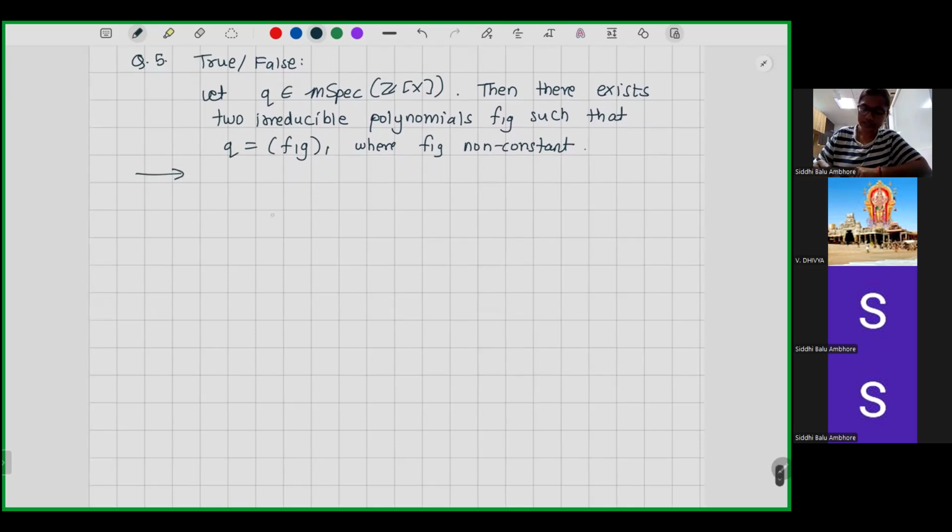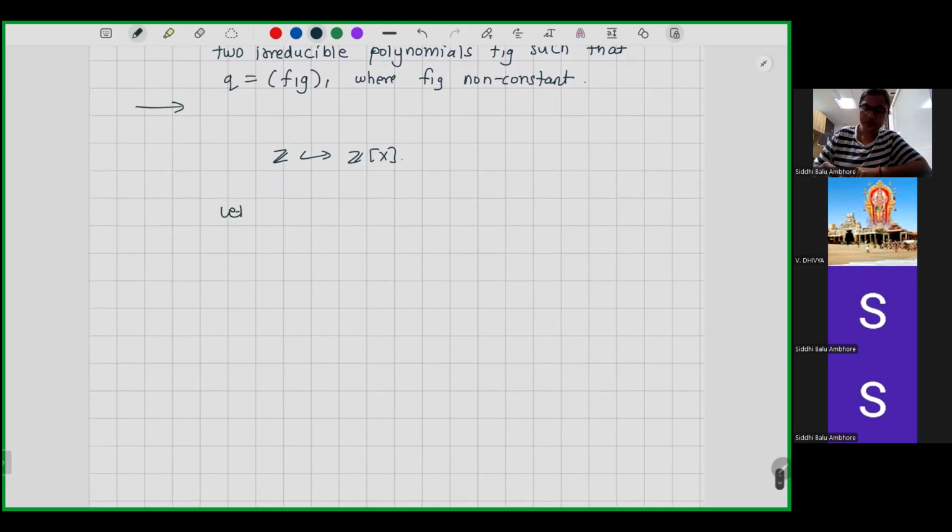Okay, so consider this Z inside Z[x]. Let M be in MSpec of Z[x].